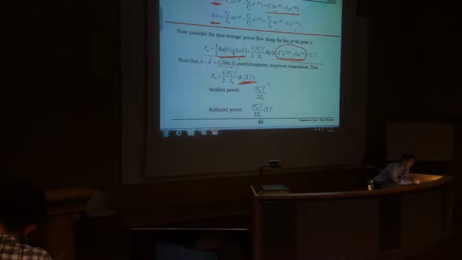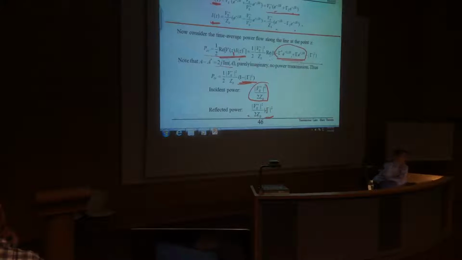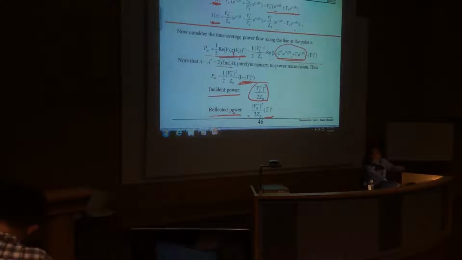We call the first item the incident power. The second is the reflective power, the incident times the reflection coefficient squared. So be careful: the incident minus reflected is the average power transmitted along the transmission line.